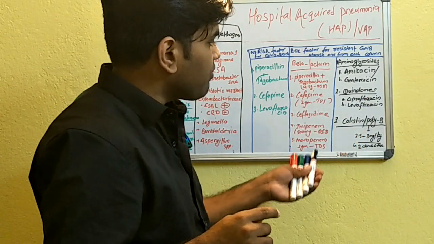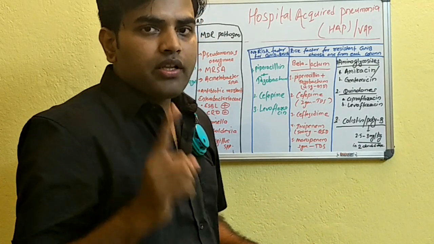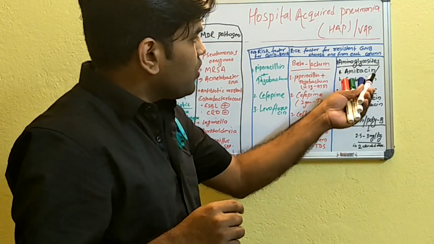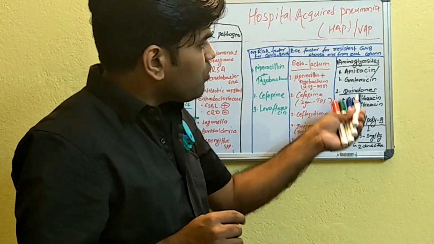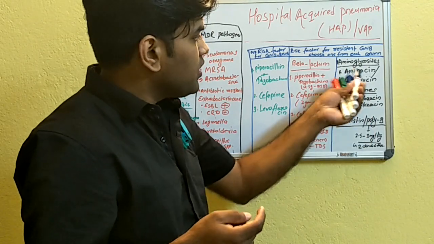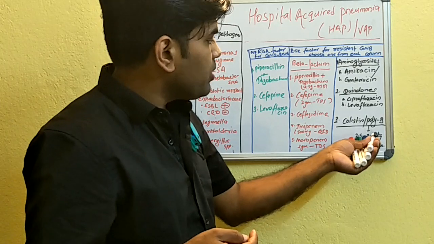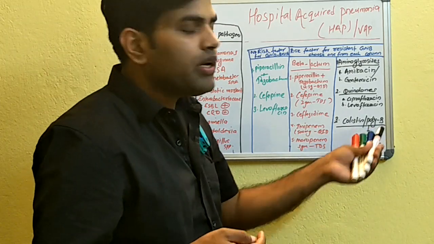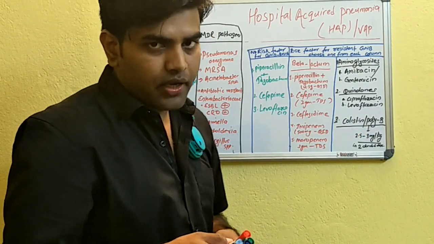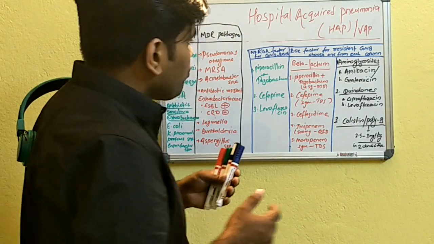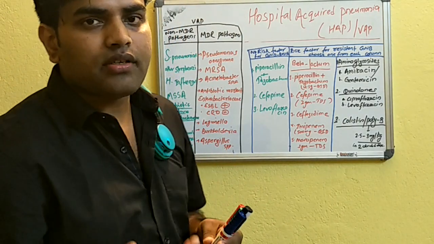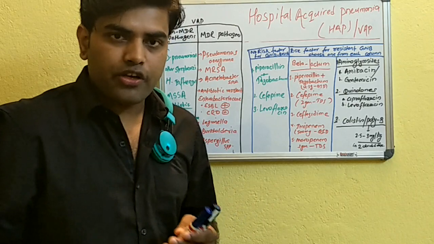There should be one antibiotic from here, one antibiotic from this group. Not one antibiotic from each. It will be piperacillin tazobactam plus polymyxin, or imipenem or meropenem plus polymyxin, anything. Okay, that is how you are going to manage ventilator-associated pneumonia.